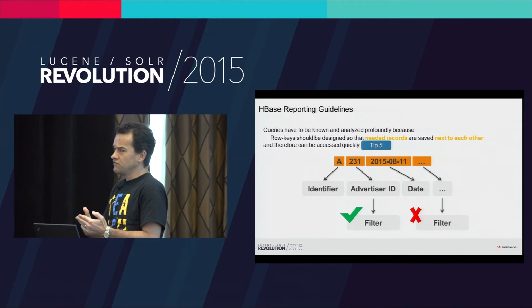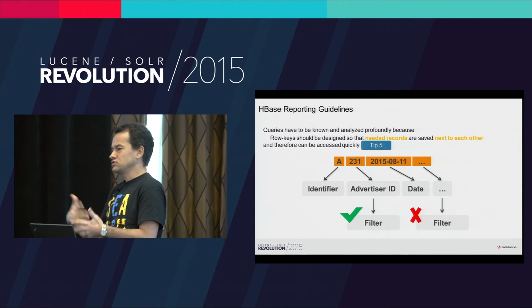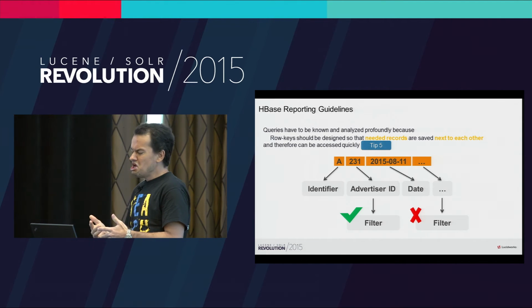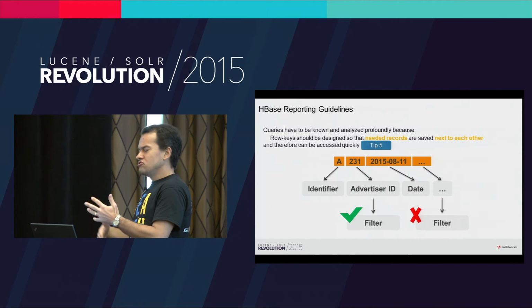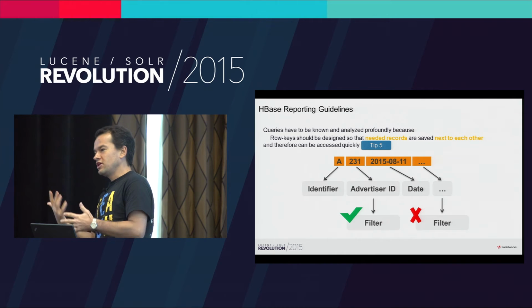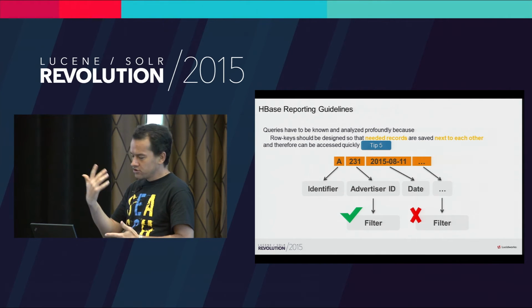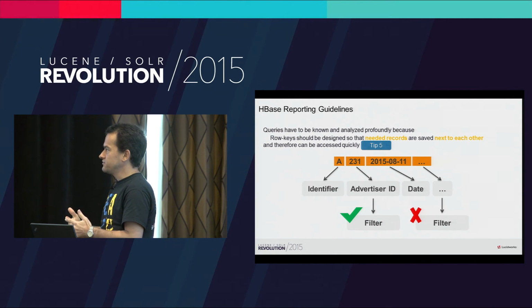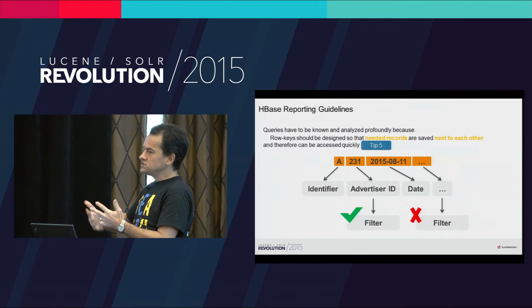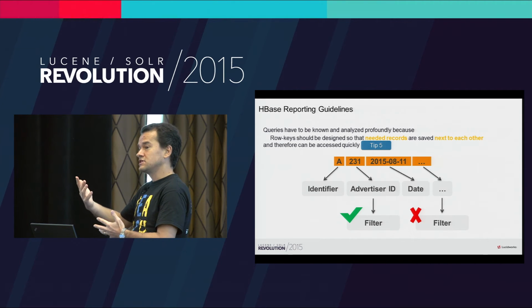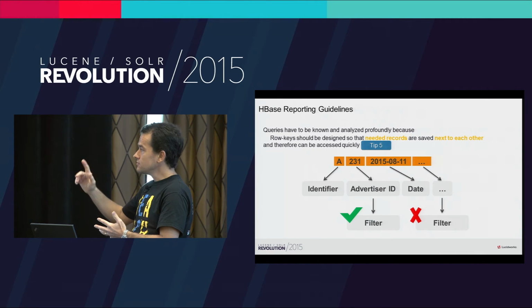You want to spread the writes across the whole cluster. In this way, you assume that different advertisers are going to have clicks or views or sales that you store, and you're going to distribute them very well across different servers.